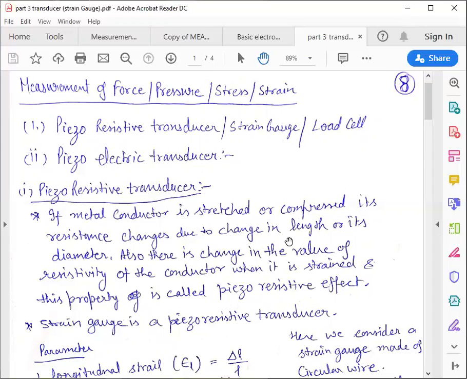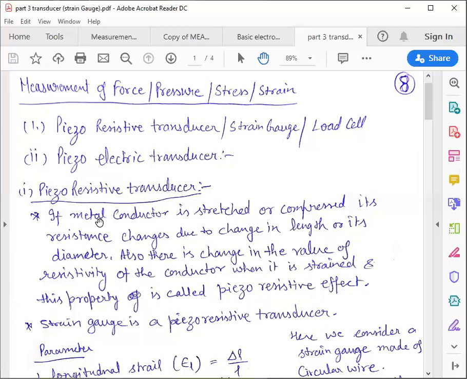So how does this change in resistance occur? If we compress or stretch, there will be a change in length, change in diameter, and change in resistivity of the material. As a result, the resistance of that material will change. This is the basic working principle of a piezoresistive transducer.